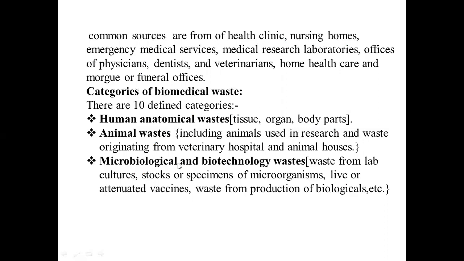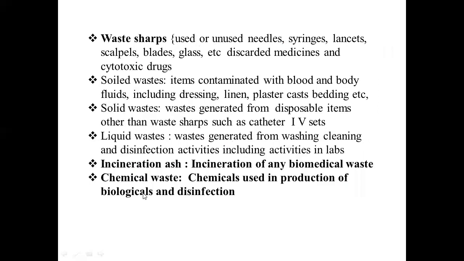These are wastes originating from lab cultures, stocks, or specimens of microorganisms, live or attenuated vaccines, waste from the production of biologicals, etc. These are the components that come under microbiological and biotechnological waste.